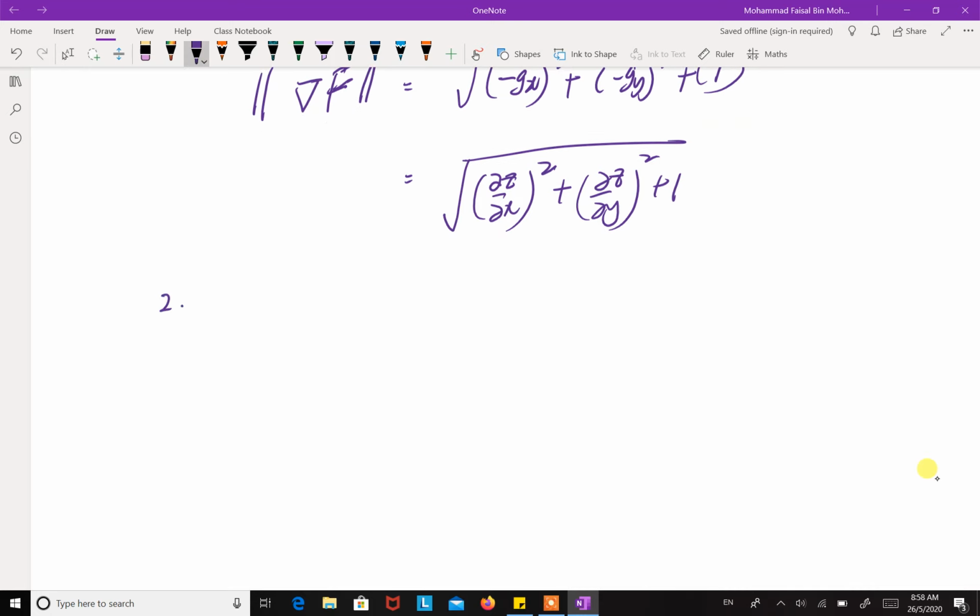Second way, y equals to h(x, z), where R is in the xz plane.